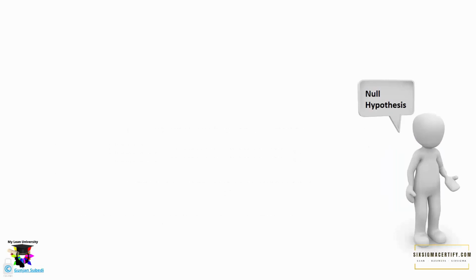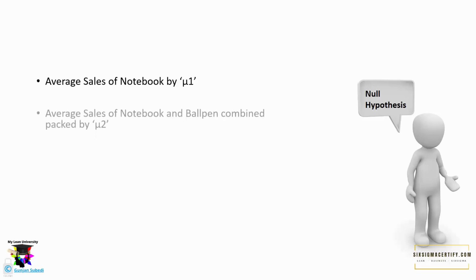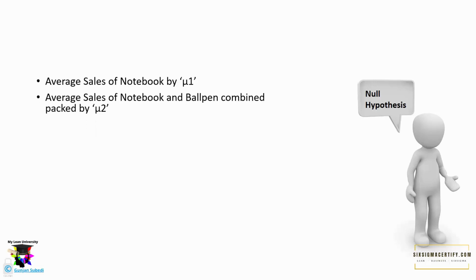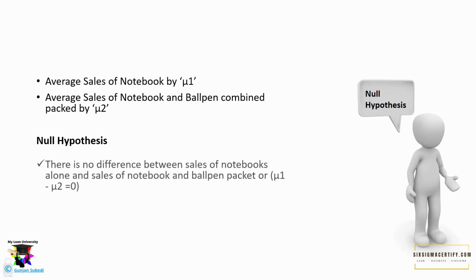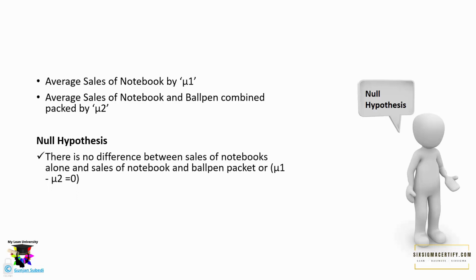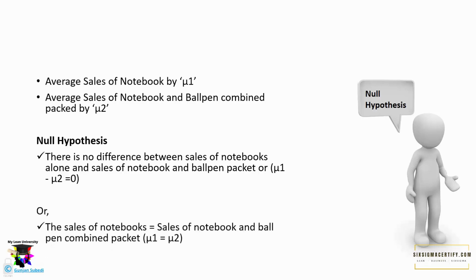In the hypothesis experiment of Jack and Jill, if we denote the average sales of the notebook by mu1 and the average sales of the notebook and ballpen combined packet by mu2, the null hypothesis can be stated as: there is no difference between the sales of the notebooks alone and the sales of the notebook and ballpen combined, or mu1 minus mu2 is equal to 0, or mu1 is equal to mu2.